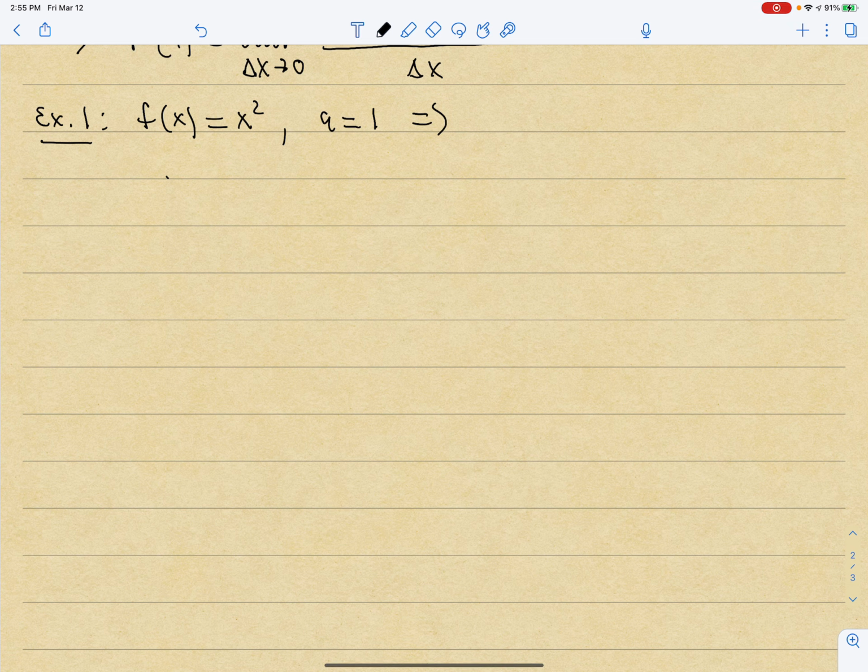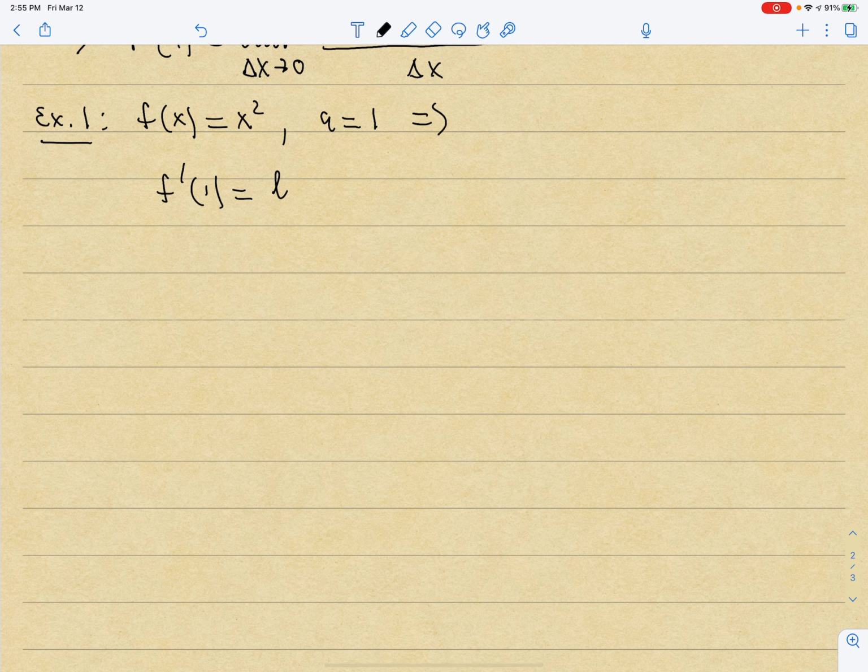Then how do I compute f prime of 1, right? So at this point we don't have any simple formulas. I mean, we do, but we pretend that we don't know them. We don't know that the derivative of x squared is 2x, so we have to compute this directly by using the limit definition.